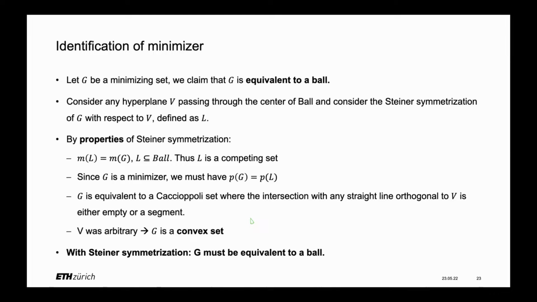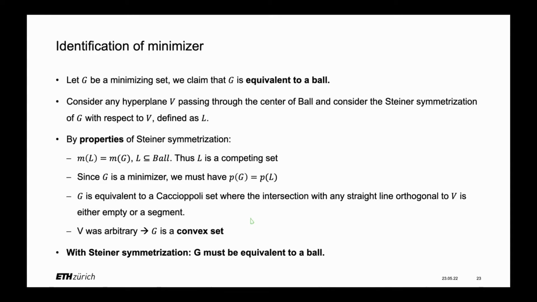First of all, the measure of L is equal to the measure of G, while L is contained in a ball. Thus, L is a competing set. Second of all, since G is a minimizer, we must have the perimeter of G equal to the perimeter of L.